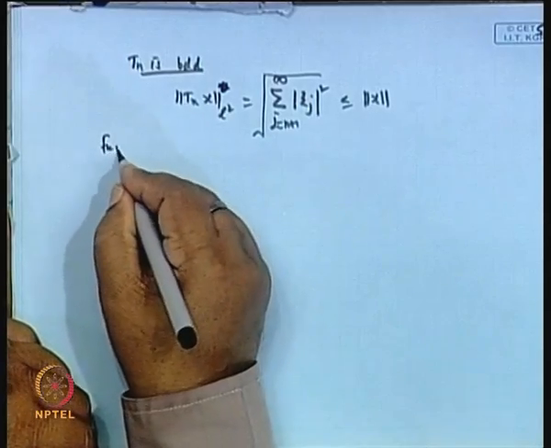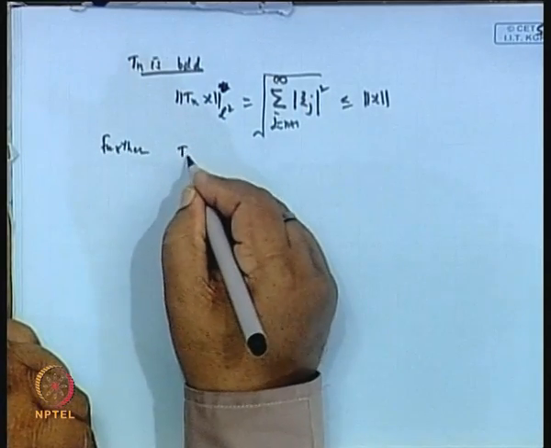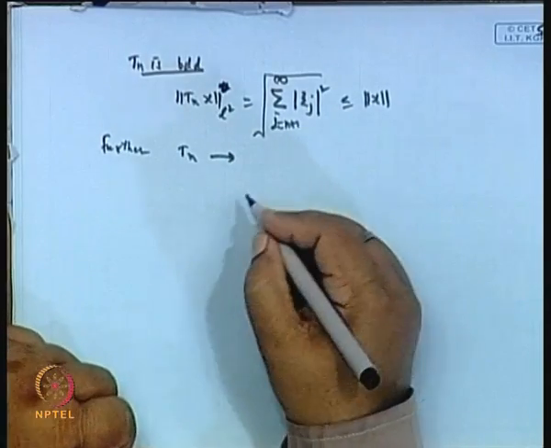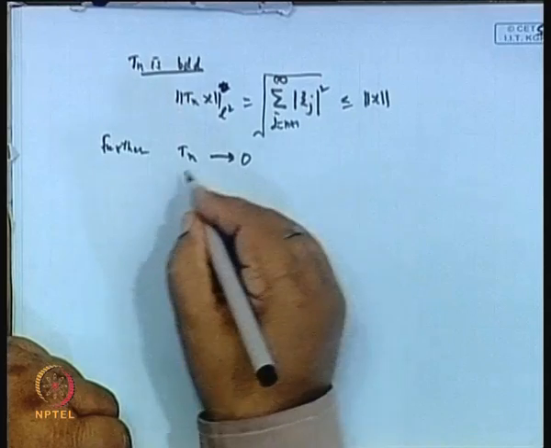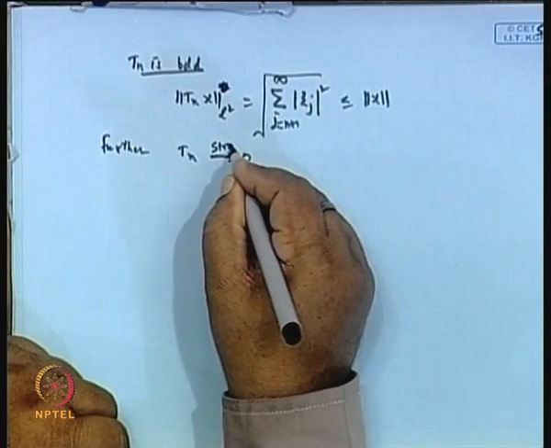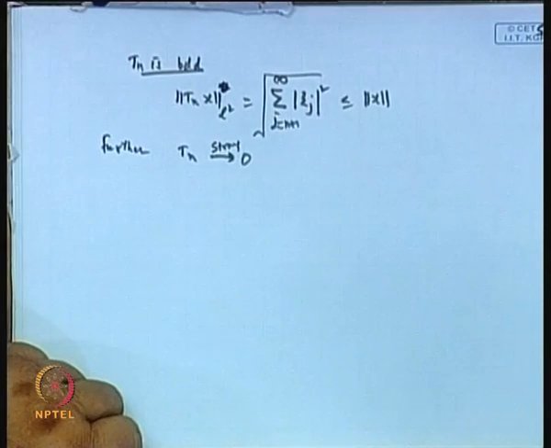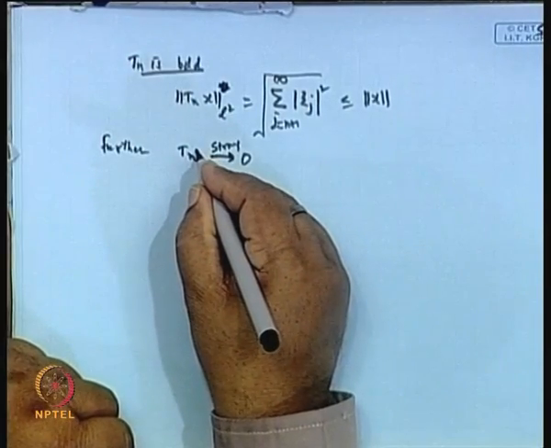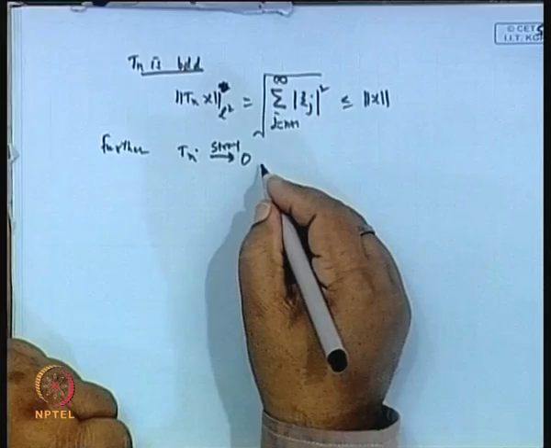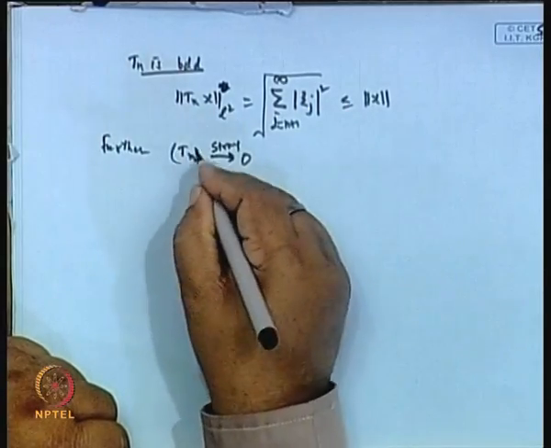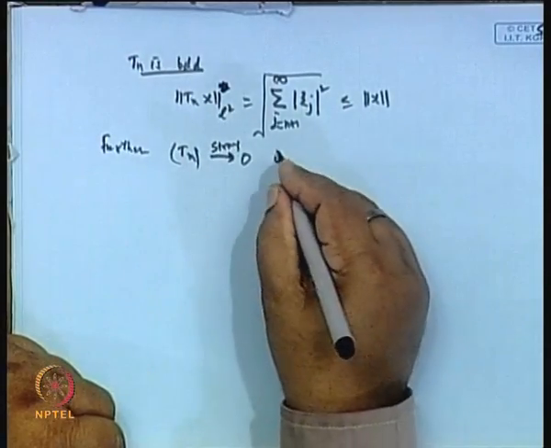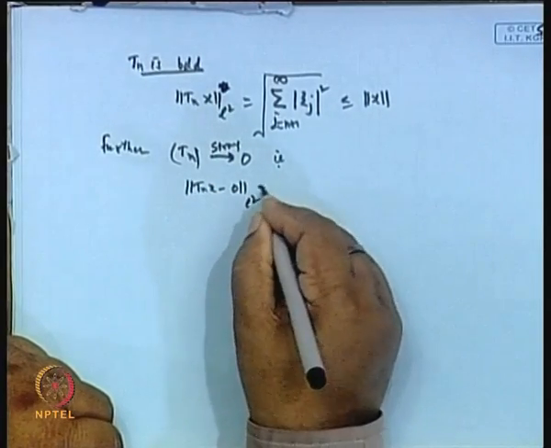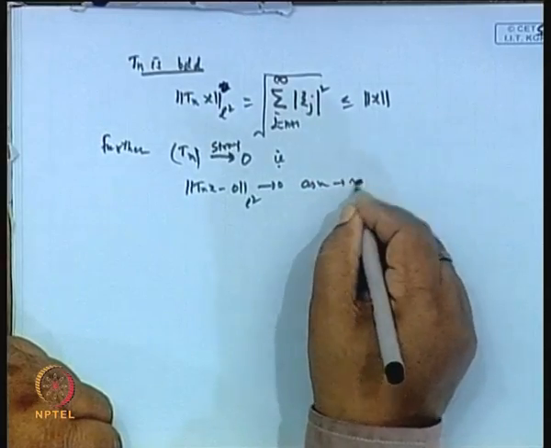Further, the sequence Tn converges to 0 strongly. That is, norm of Tn x minus 0 in L2 must go to 0 as n tends to infinity.